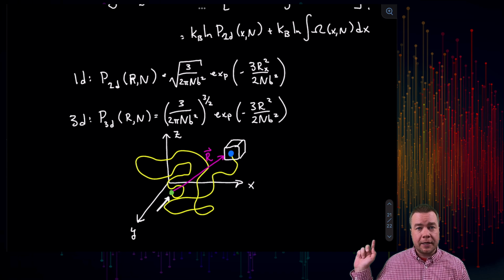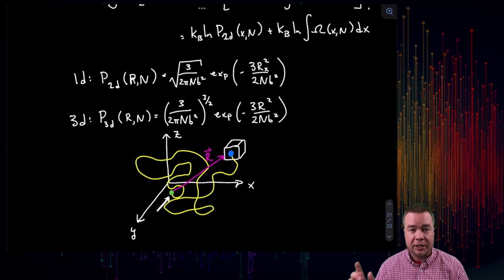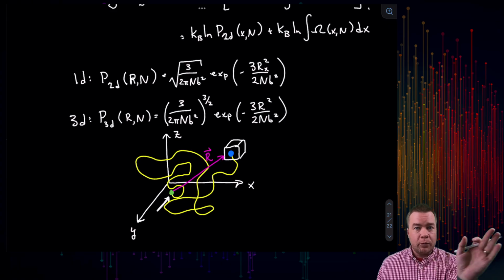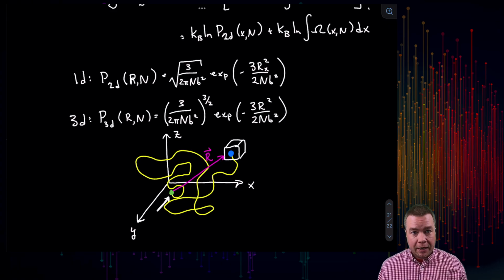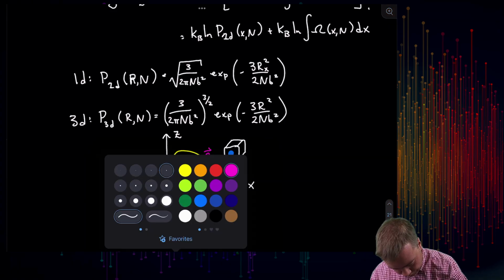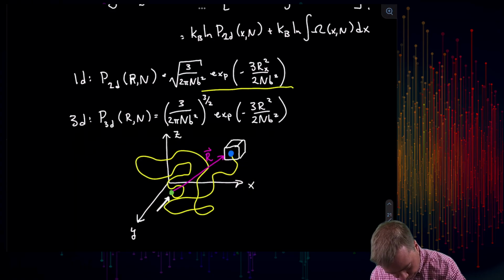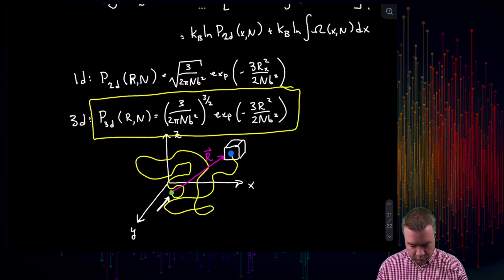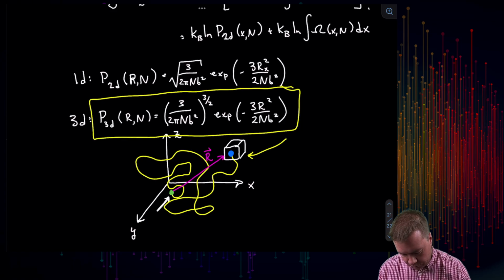And I hope that you can see the connection between that kind of probability function and what we did with the random walk, right? Because this yellow polymer chain is a random walk in space because the bond angles can be anything, right? So it's flopping around all over the place. It's weaving its way through space randomly. And so this function that I just drew is telling us exactly the probability that we'll end up right there after n, capital N steps.